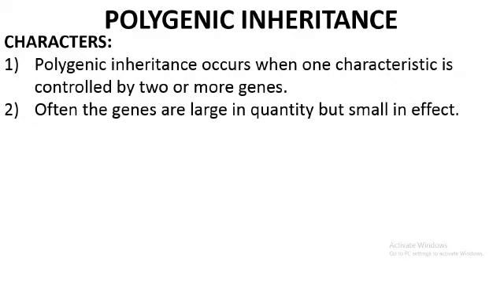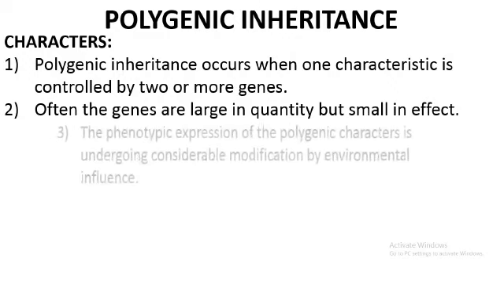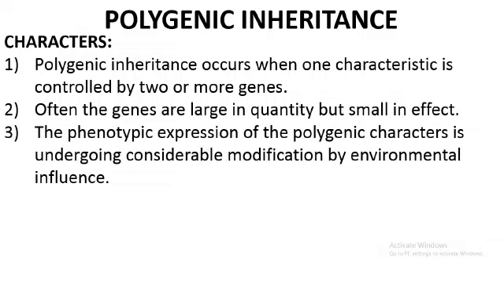That is, the number of genes is large, but the phenotypic effect they bring about is very small. Third, the phenotypic expression of a polygenic character can also be modified by environment. That is, there is environmental influence which can alter this polygenic influence.